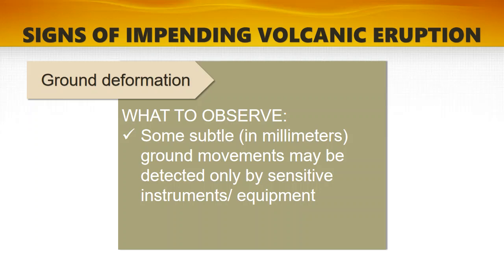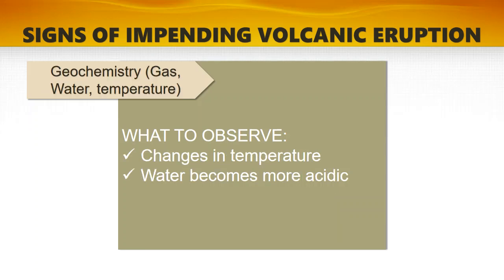So if there is any movement or changes on the ground, it will be detected using a GPS. The last instrument is the use of remote sensing images. It also helps in comparing the before and after features.